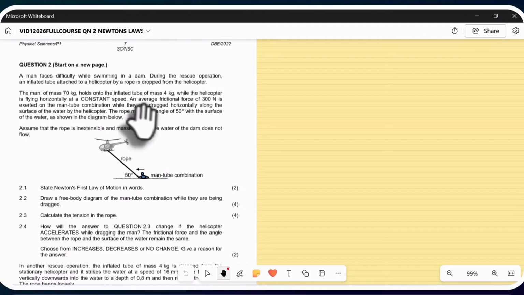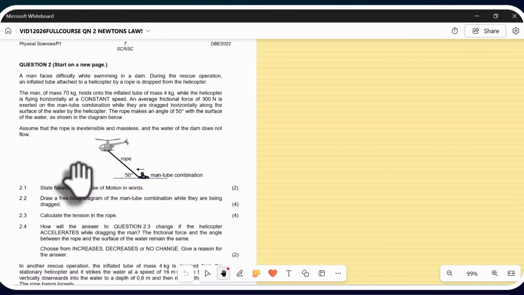An average frictional force of 300 newtons is exerted on the man-tube combination while they are dragged horizontally along the surface of the water by the helicopter. The rope makes an angle of 50 degrees with the surface of the water as shown in the diagram below.